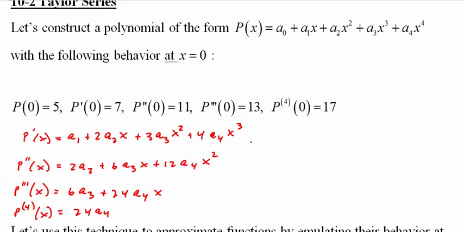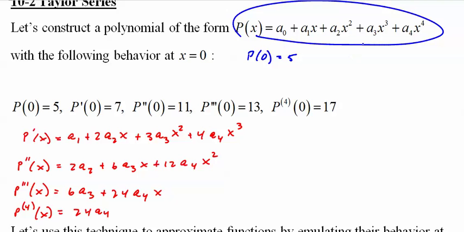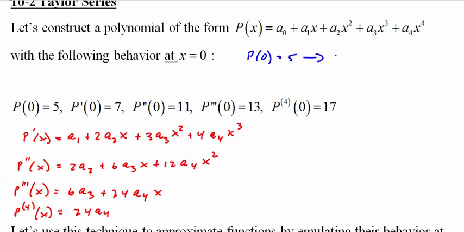Time consuming. So we know that p of 0, I'm going to put it up here because I have a feeling I'll run out of space, equals 5. Well, if I plug in 0 to this equation, everything drops except a0. So we know that a0 equals 5. P prime of 0, put it where it belongs, equals 7.